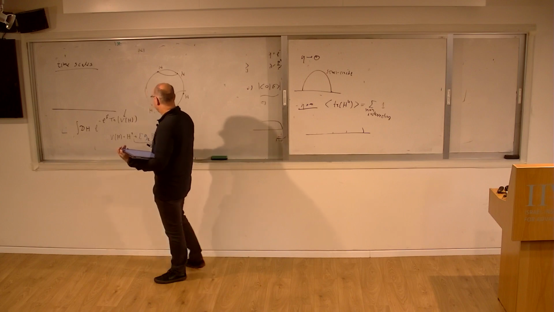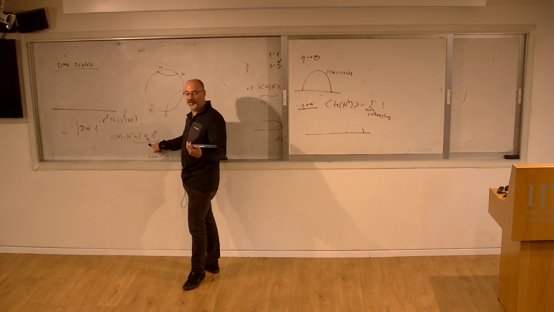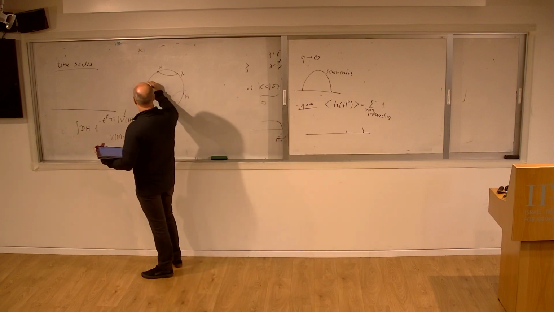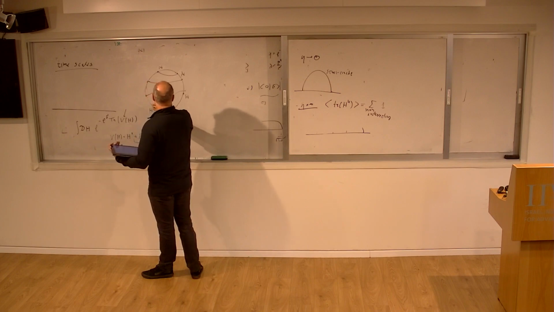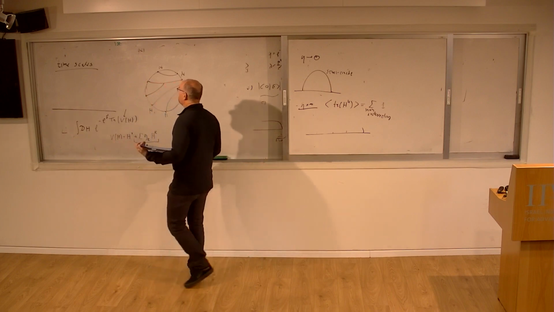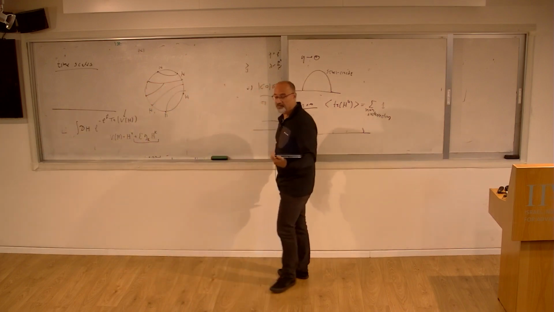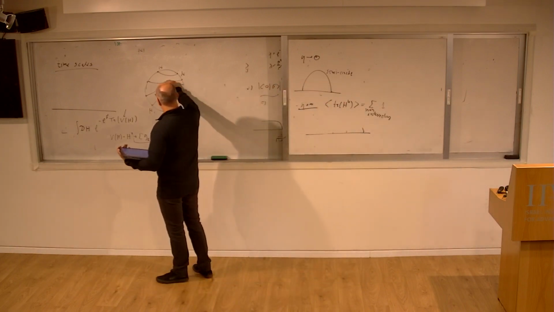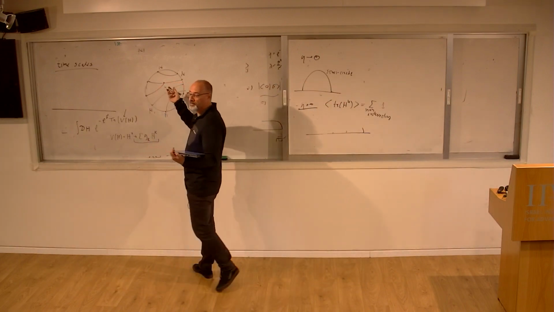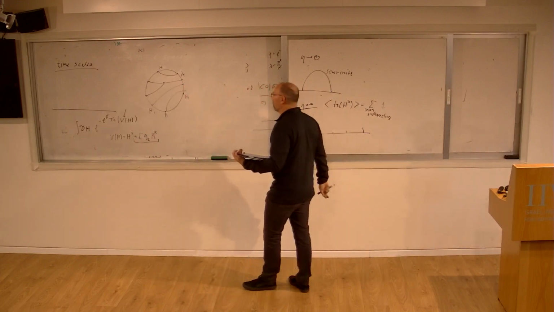Then suppose I bring down a g3 H cubed, then there's a vertex that looks like this, and maybe there's another one like this. But all the lines are non-intersecting, and I have these vertices. This is the 't Hooft double line notation.